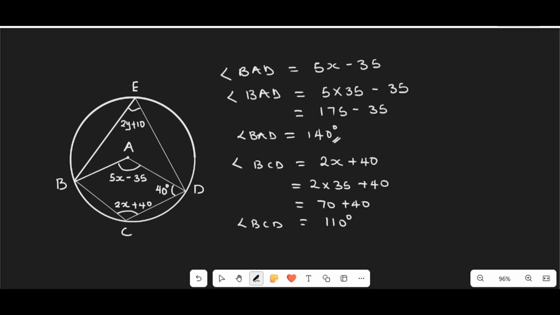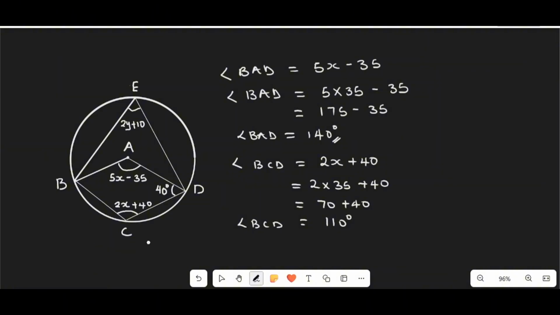Let us consider this quadrilateral ABCD. The sum of interior angles in a quadrilateral is equal to 360 degrees.